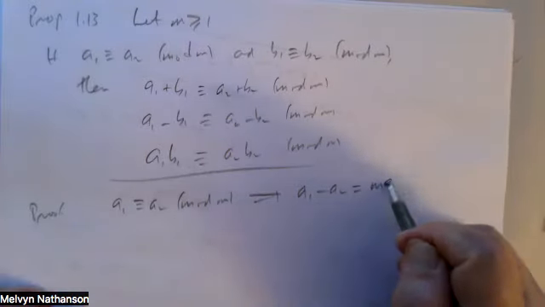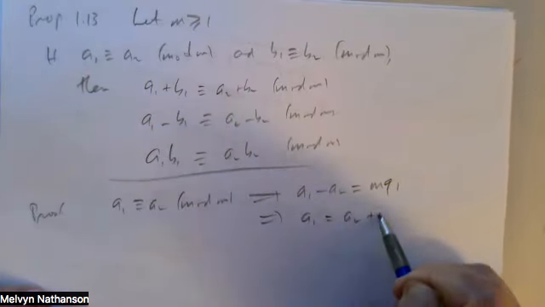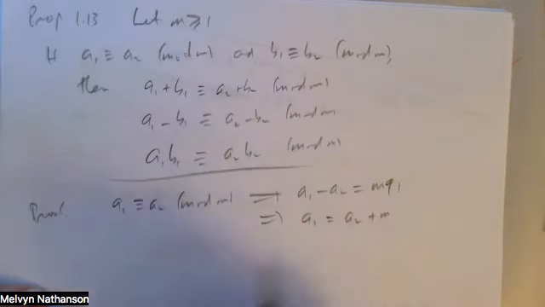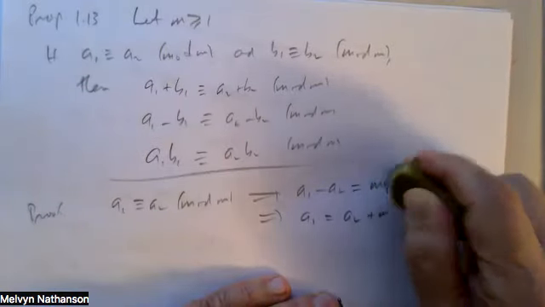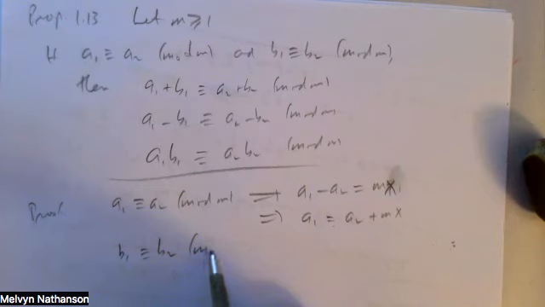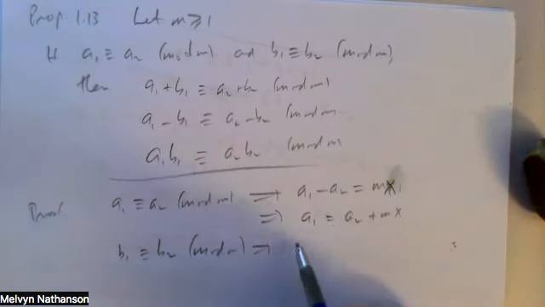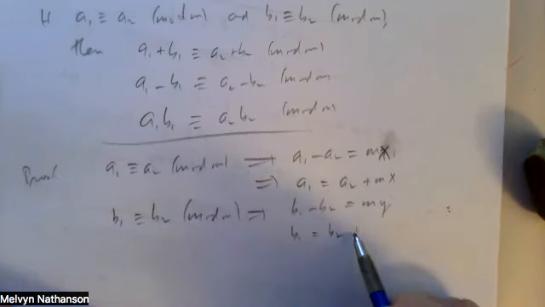Let's say it's m times some number X. So A1 minus A2 is mX for some integer X, or A1 is A2 plus mX. And if B1 is congruent to B2 mod m, that means B1 minus B2 is divisible by m. It's m times some integer Y, or B1 is B2 plus mY.